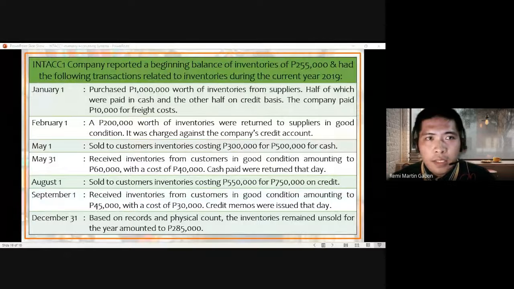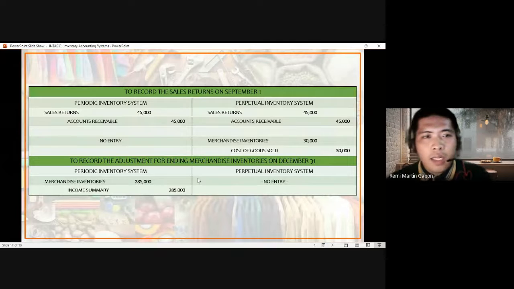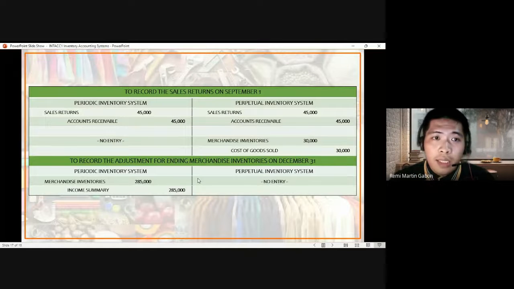Okay? So to journalize our December 31 adjustment, we simply debit merchandise inventories and credit income summary, or we can have it income and expense summary. Okay, but that is under periodic inventory system. Under perpetual inventory system, again, we don't have a journal entry.